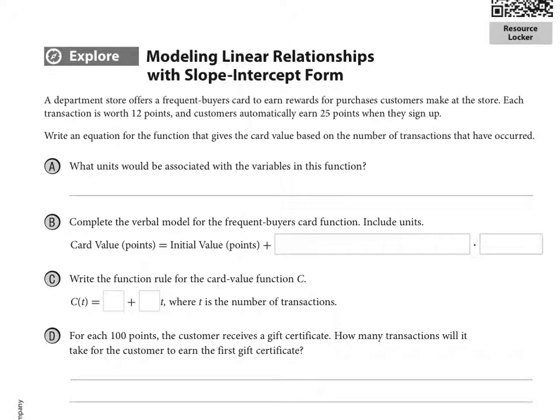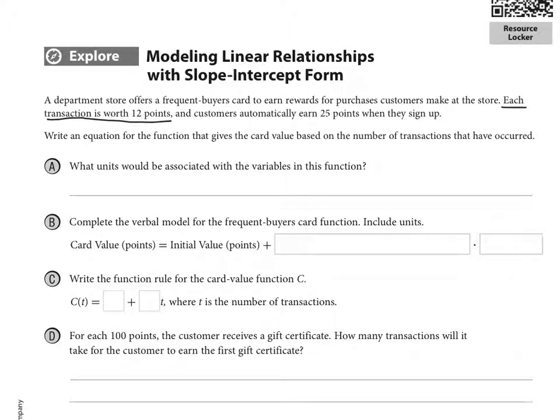So when we look at our rate, this is going to be important. It says each transaction is worth 12 points. And so that means it's 12 points per transaction. So X, they're not going to use X in this case, so let's get rid of that.